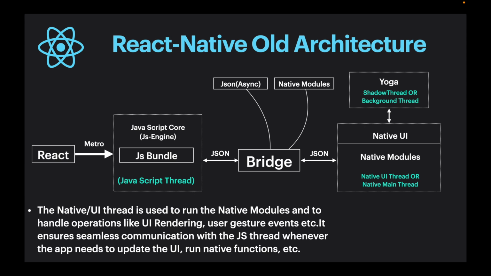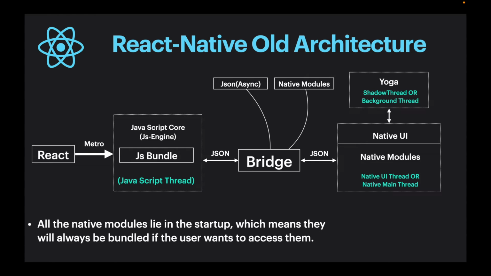The native UI thread is used to run the native modules and to handle operations like UI rendering and user gesture events. It ensures seamless communication with the JS thread whenever the app needs to update the UI and run native functions. All the native modules load at startup, which means they will always be bundled if the user wants to access them.